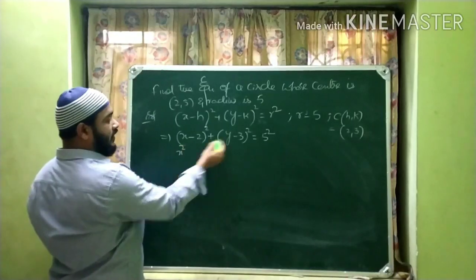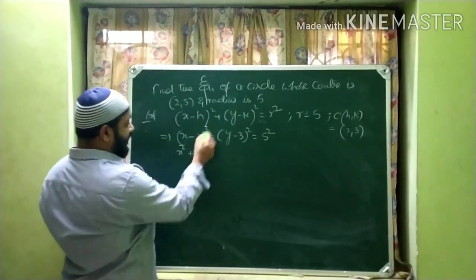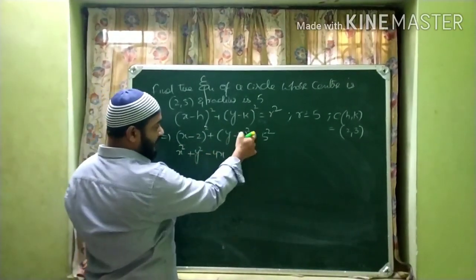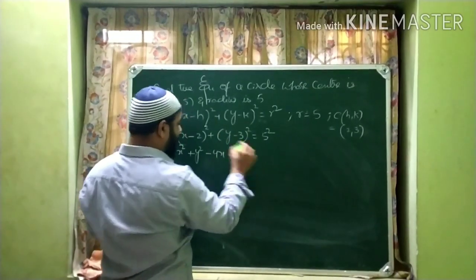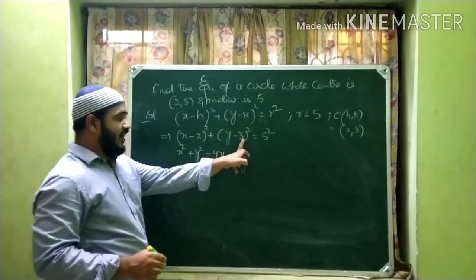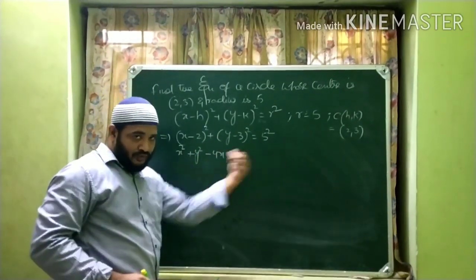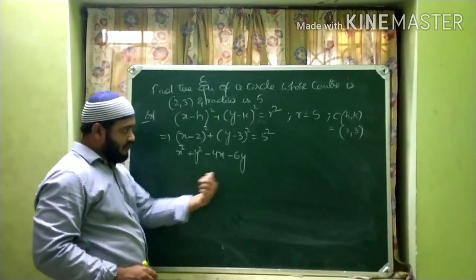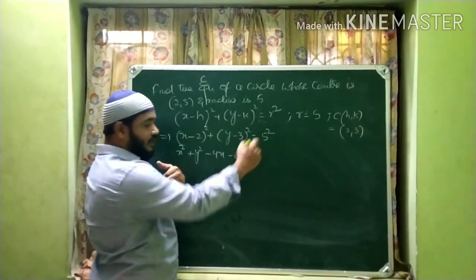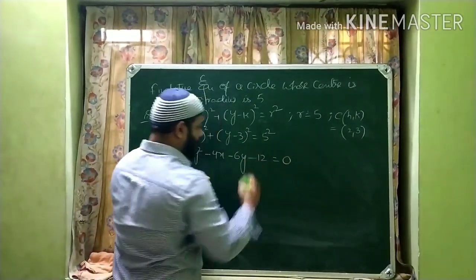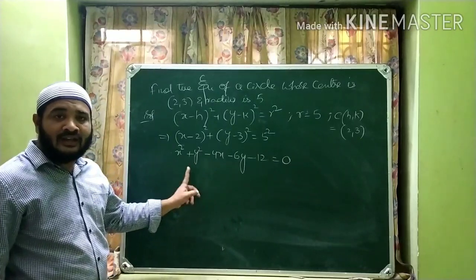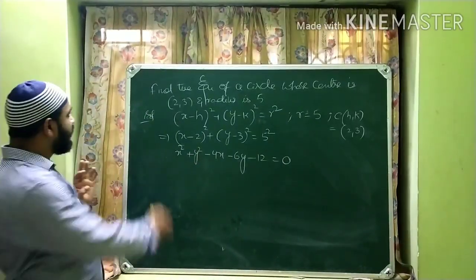Therefore, x square plus y square minus 4x minus 6y. Then 2 2s are 4, 3 3s are 9, 9 plus 4 is 13, plus 5 square, this is 25. If you transpose this here, 13 minus 25 is minus 12 equals 0. This is the required equation of the circle.